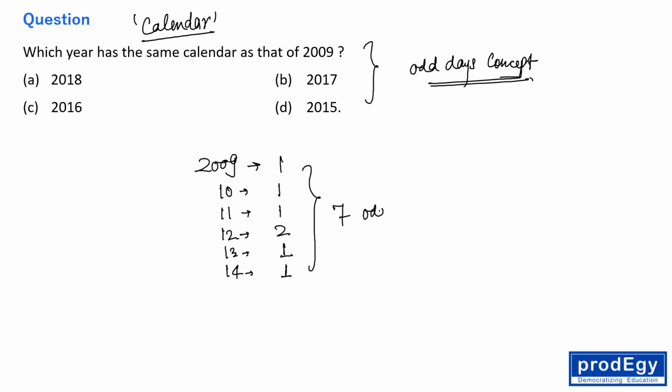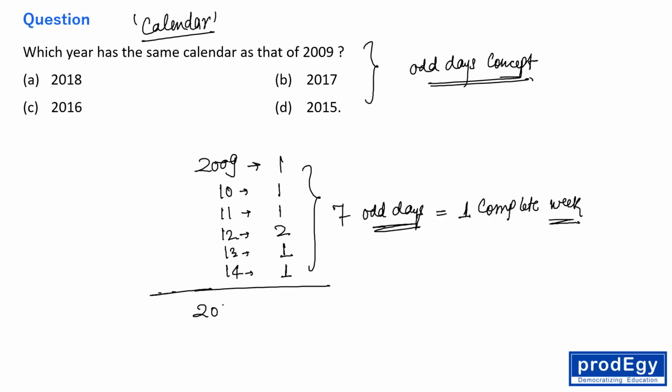So these are 7 odd days, right? 7 odd days means one complete week, right? Fine. So after 2014, the next year will start as 2015. So 2015 will be the same as 2009, right everyone?